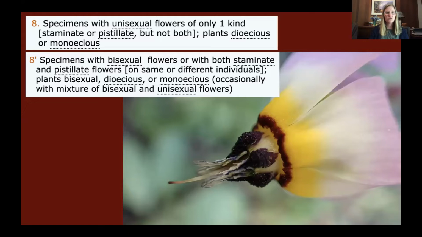Plants dioecious or monoecious, or specimens with bisexual flowers or with both staminate and pistillate flowers on same or different individuals, plants bisexual, dioecious, or monoecious, occasionally with mixture of bisexual and unisexual flowers. So in this case, we do have bisexual flowers with both stamens and a pistil.